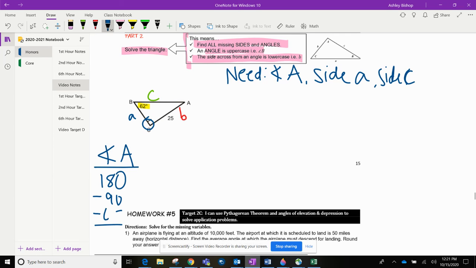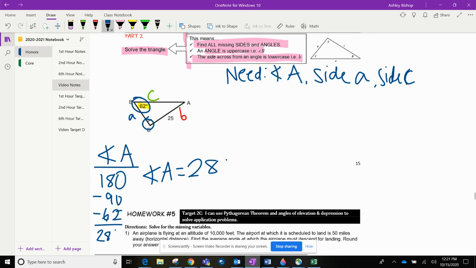My angle I was given is 62. Here we go, 62 right there. 180 minus 90 minus 62 now will give me 28 degrees. So angle A is equal to 28 degrees.